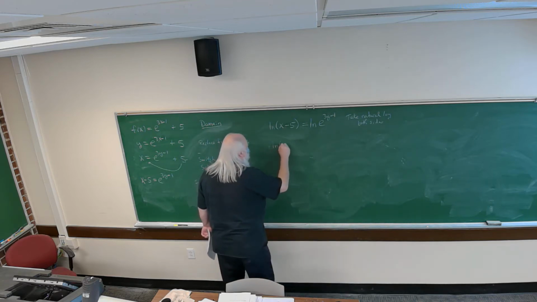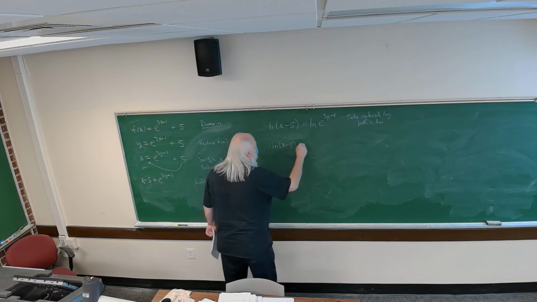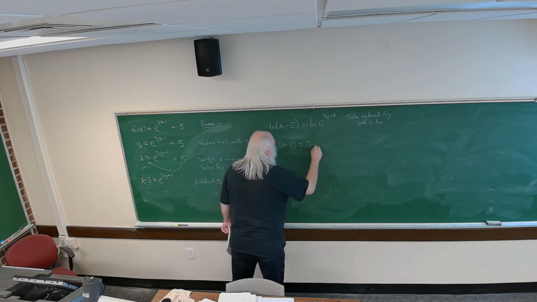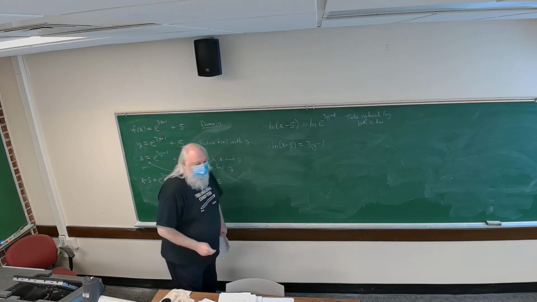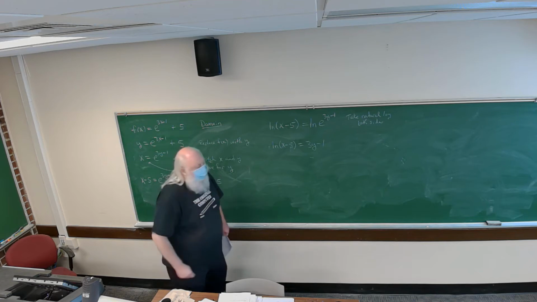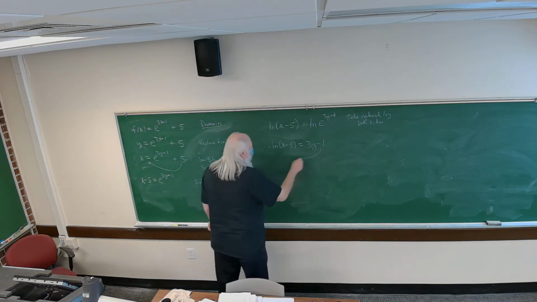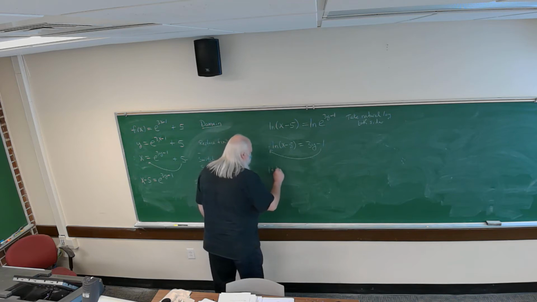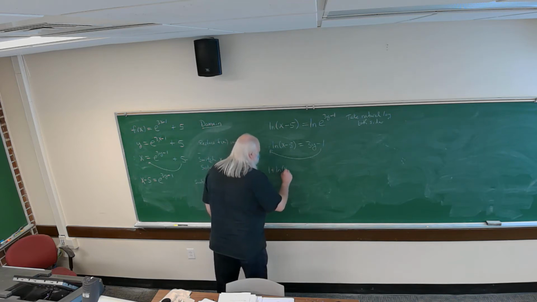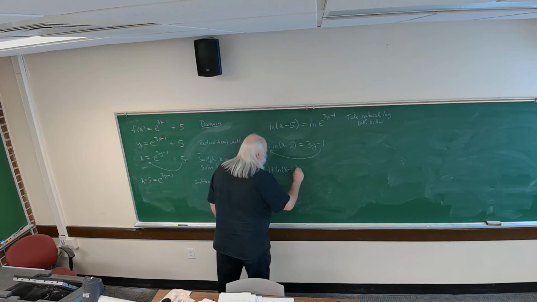So we have the natural log of x minus 5, and the right-hand side simplifies to 3y minus 1. Now it's straightforward to solve for y. We're going to add 1 to both sides. We have 1 plus the natural log of x minus 5 is equal to 3y.